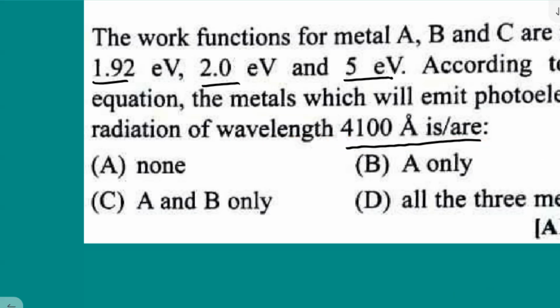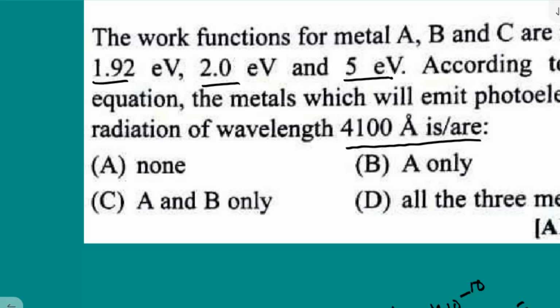So we know for electron emission, the energy of the radiation should be greater than the work function, or at least it should be equal to the work function. We have the radiation of 4100 angstrom. So 4100 into 10 raised to the power minus 10 can be written as 410 into 10 raised to the power minus 9, or basically 410 nanometer.